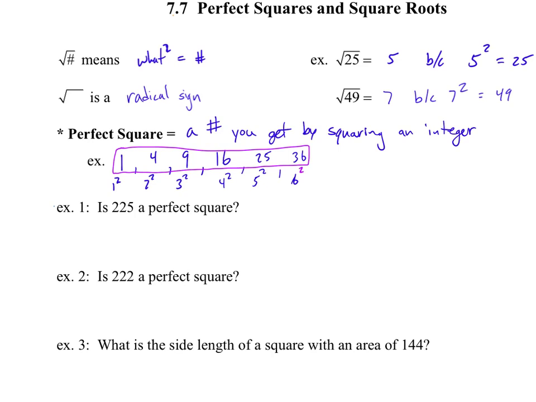There's a cool button on your calculator for this. Take out your calculator for a second. The question is: is there an integer times itself that equals 225?